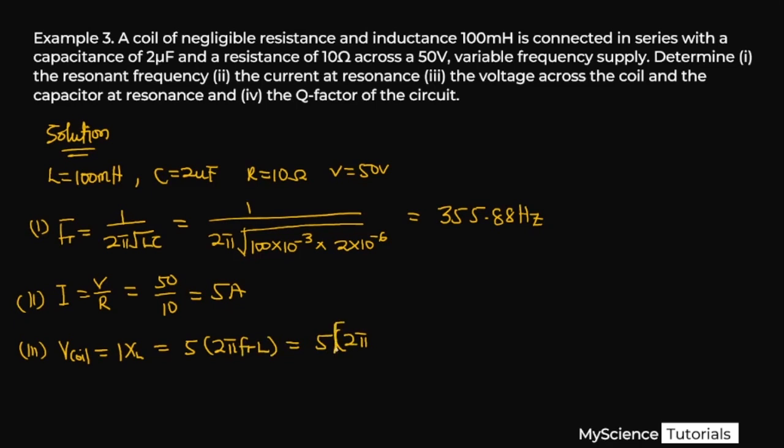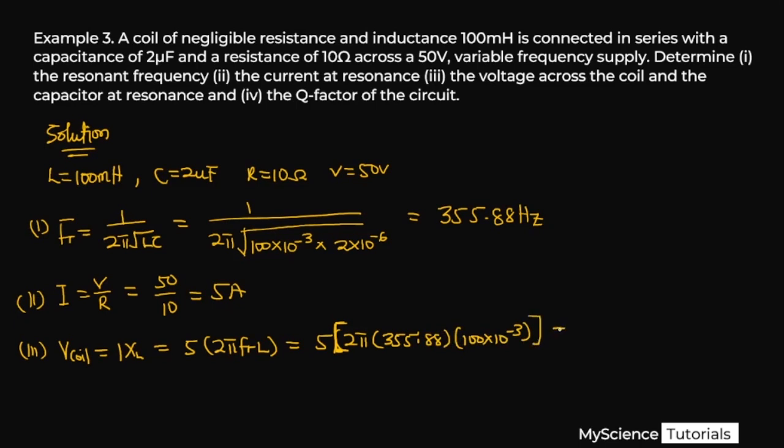Okay, let me make this bigger. Our resonant frequency over here, we said, is 355.88 multiplied by L, which is 100 times 10 raised to the power minus 3.